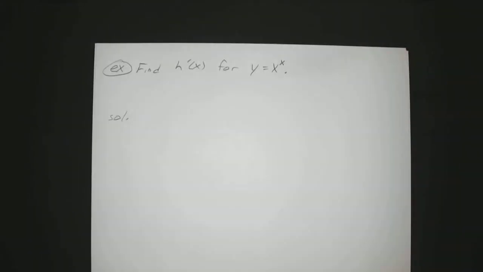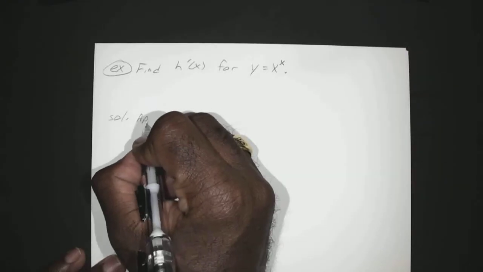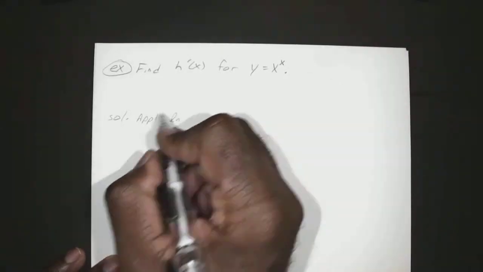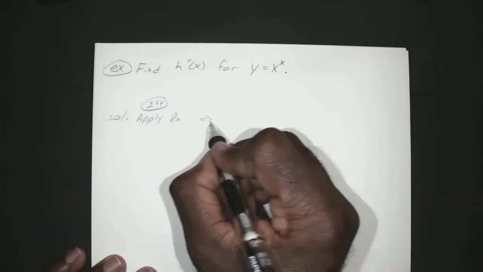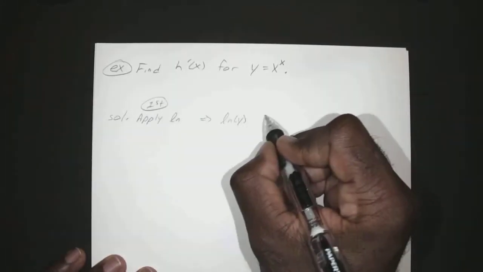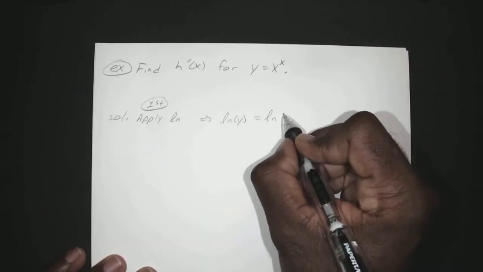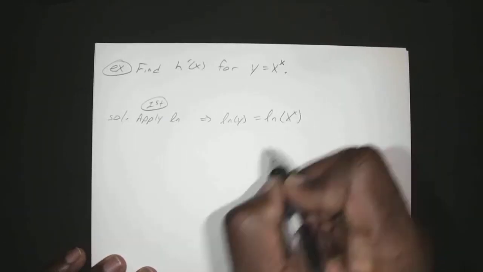Okay. So the first thing you want to do is apply natural log to both sides. Okay. That gives you natural log of y equals the natural log of x to the power of x.